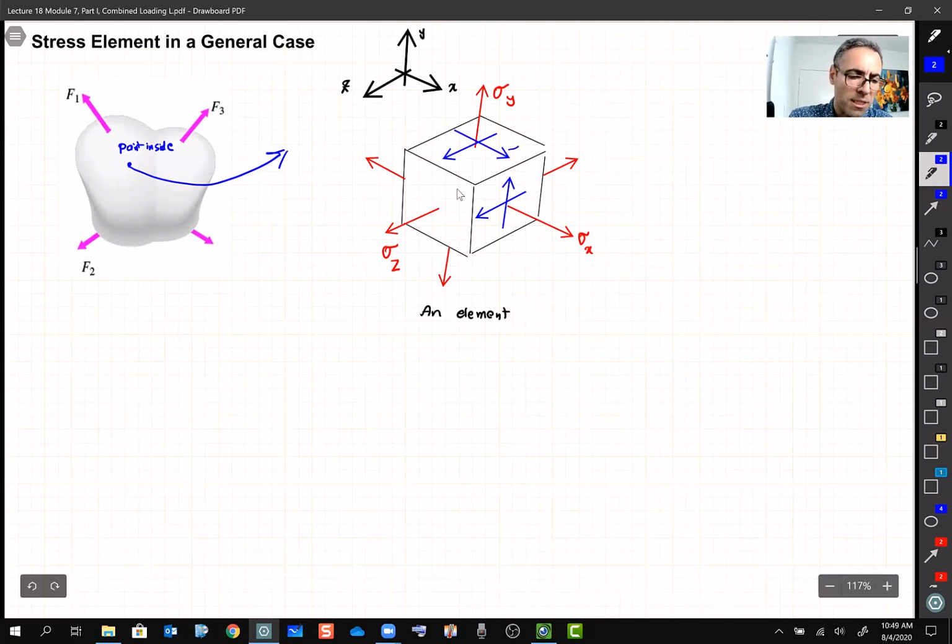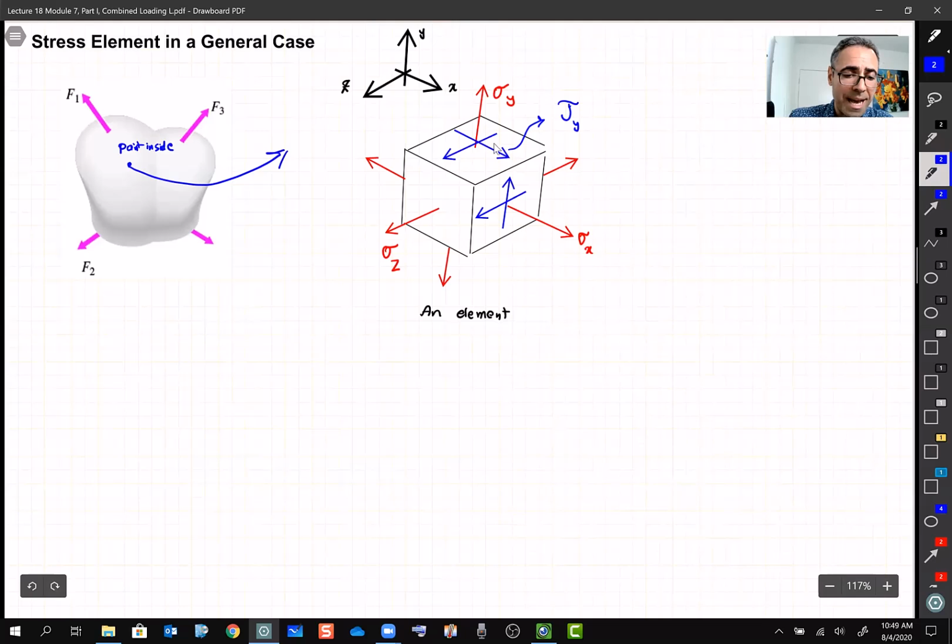If I want to show this stress, first of all, I show it by tau because it's a shearing stress, all right? And because I don't want to get confused between this tau and the other one, this is something that we agree on together. I put two letters here. The first one is for the plane that this tau is on.